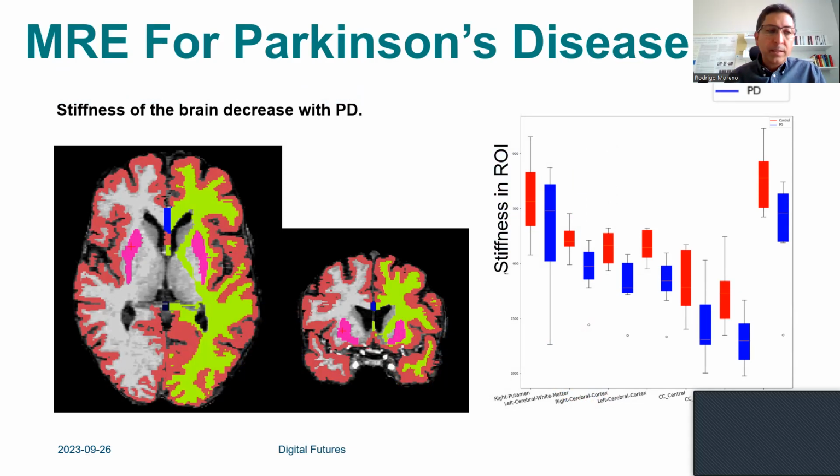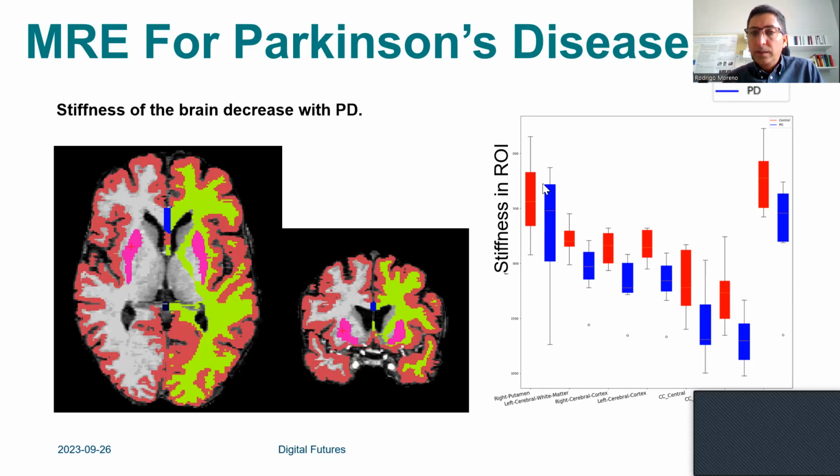So far we have scanned 9 patients and 9 controls, and we found even now that there is a very clear trend that tells you that the brain due to Parkinson's is softened.